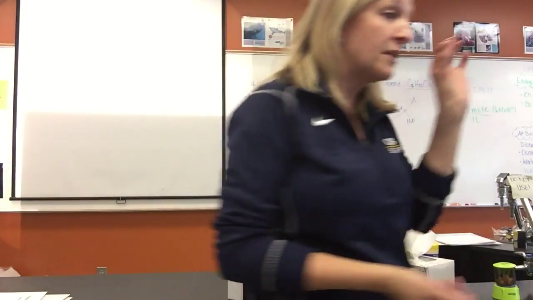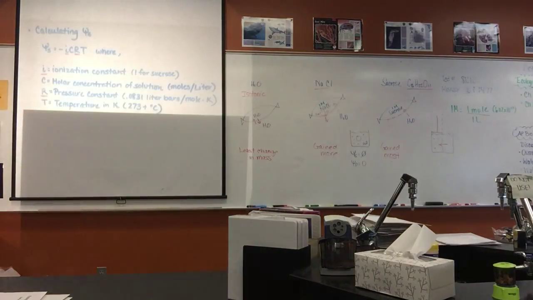Actually, the beginning of next week, we're going to do a little lab where you're actually going to figure out the water potential of some potato cells, all right? The potato will be at room temperature, so I have a temperature gauge up here and I'll see what degrees Celsius it is, and that's the temperature we'll use in our calculations.